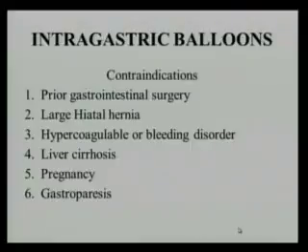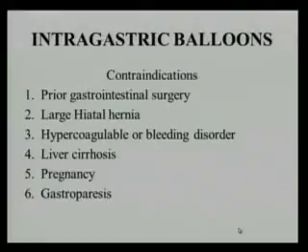What are the contraindications? Prior gastrointestinal surgery. With this contraindication in place in the US, there was no single case of perforation in the US from all the data out there so far. In the past, a lot of people used the balloon in people with prior gastric surgery.